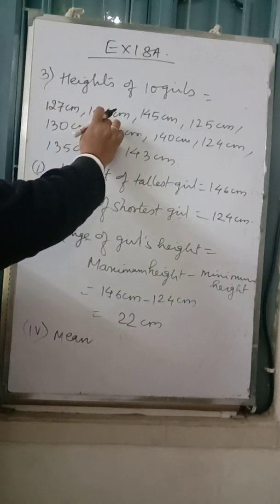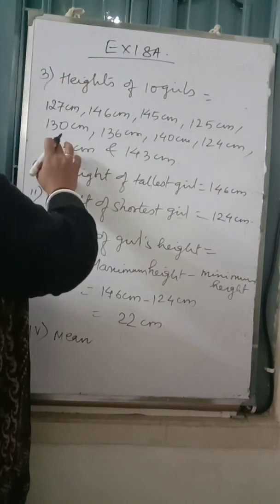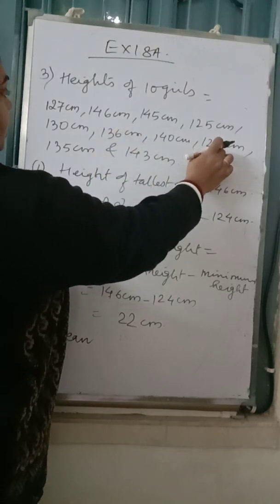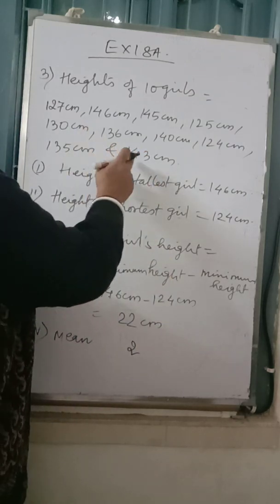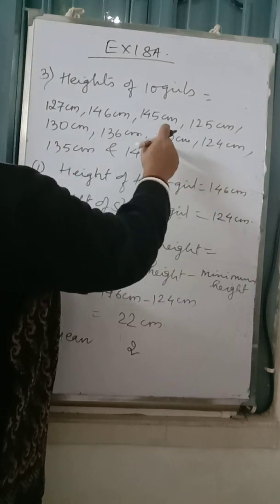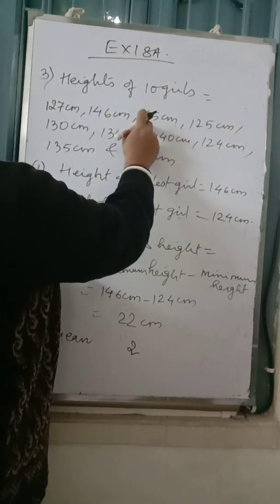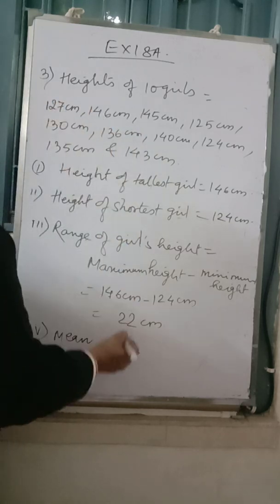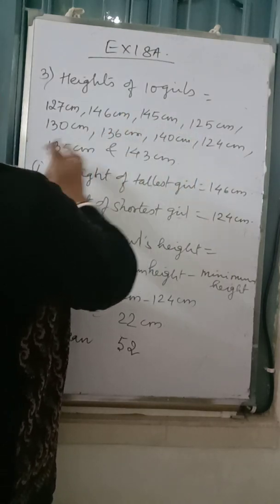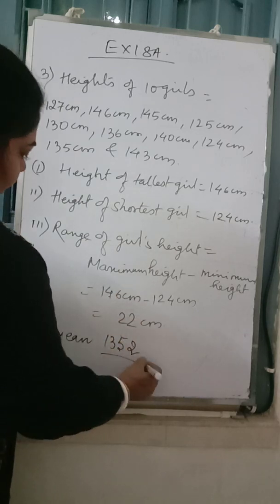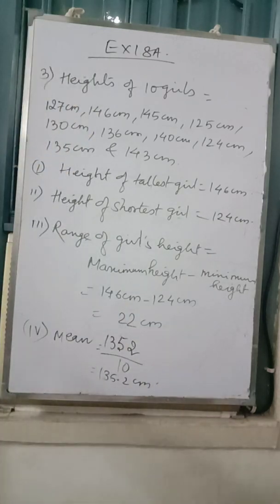Adding the heights, the sum is 1352. By 10, or this is 135.2 centimeter is the mean height.